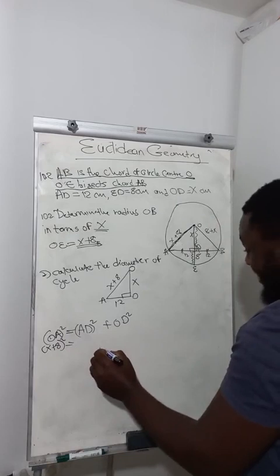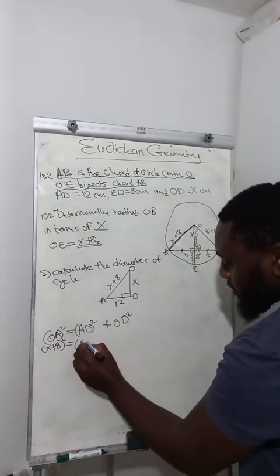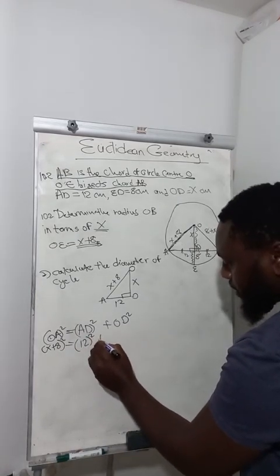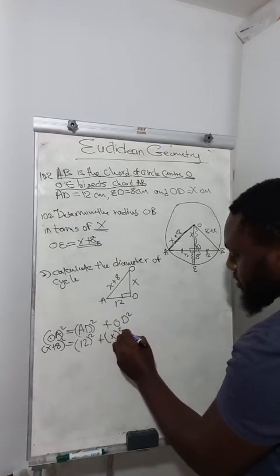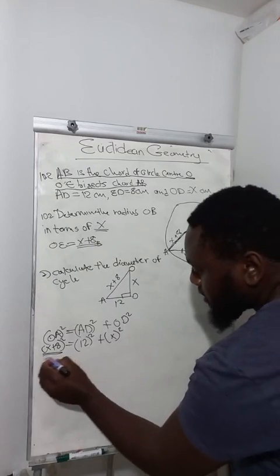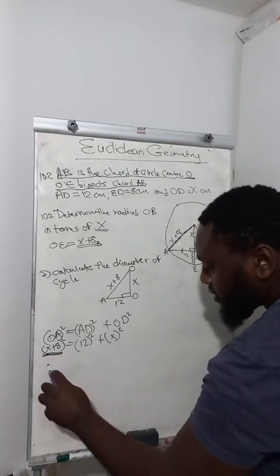What is AD? AD now is just 12 squared plus, what is OD? OD is just x, and then this will be squared. When you simplify it, let me not skip steps.